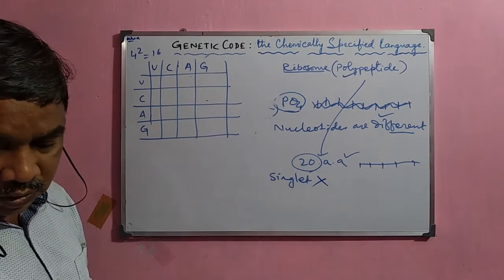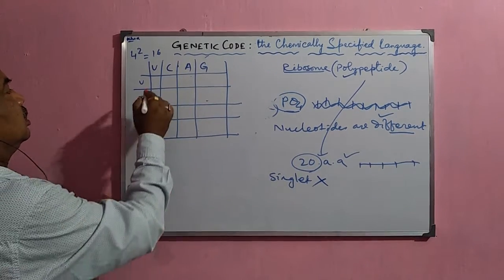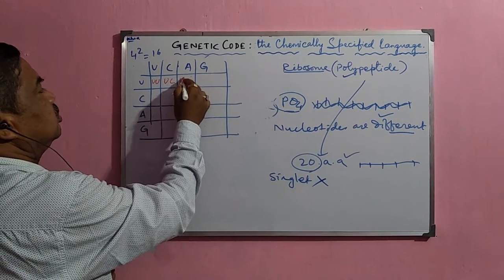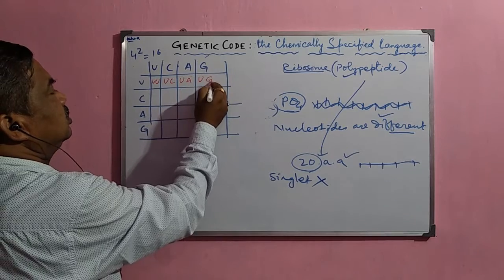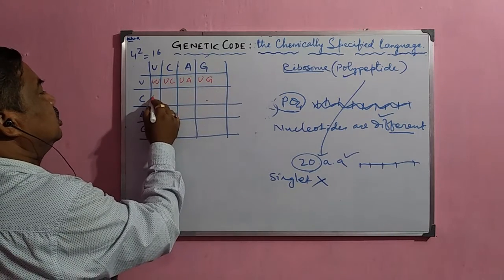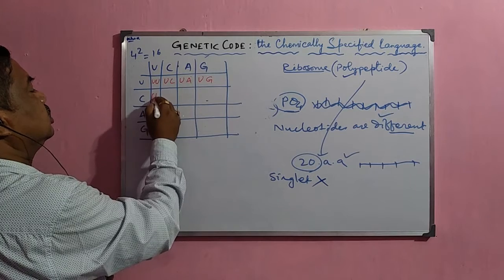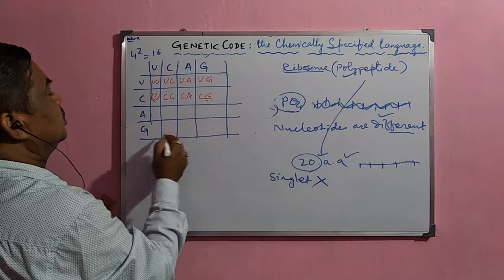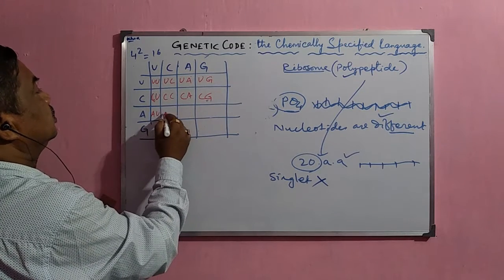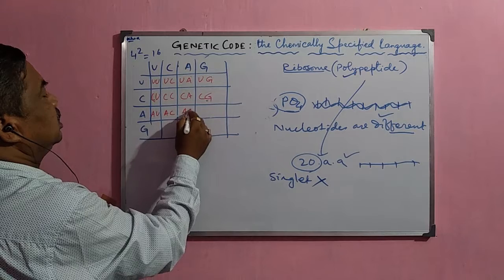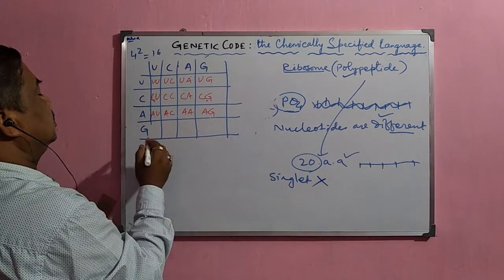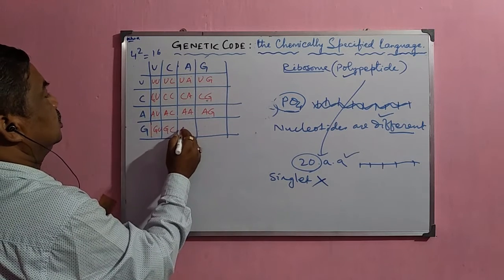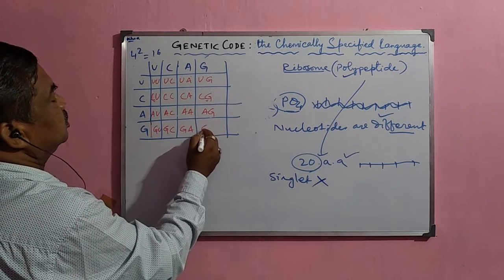Now these combinations which are formed here: in the first row, this is UU, UC, UA, and UG. In the second row, it is CU, CC, CA, and CG. Then AU, AC, AA, AG, and in the last row GU, GC, GA, and GG.